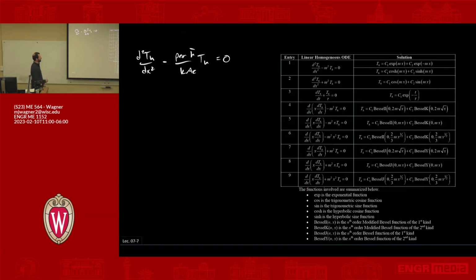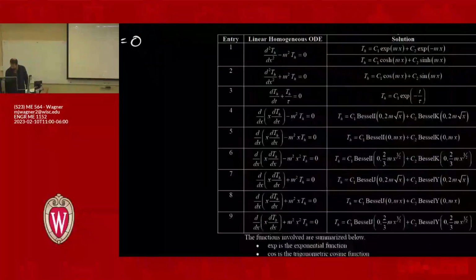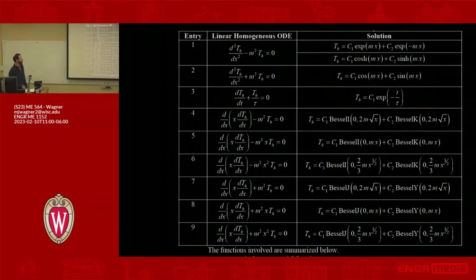To do that, I can just go to a table like the one shown here, and let's maybe zoom in, and we can find something that looks like our equation. Well, it turns out that the very first thing in the chart looks quite a lot like the equation that we have. So we can use the solution T_H equals either the exponentials or cosh and sinh, right? They're equivalent. Cosh and sinh are formulated in terms of exponentials. So we can pick one of those and use that as our solution. That's our homogeneous solution, right?